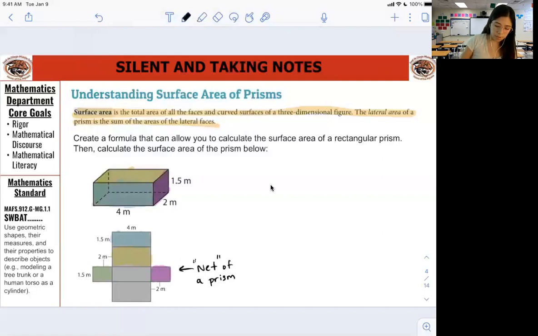So let's go ahead and try that out. The first thing I want to do is write it like a formula. We can call this R1, R2, 3, 4, 5, and 6, because I have 6 different rectangles. What I'm doing is adding all the areas.